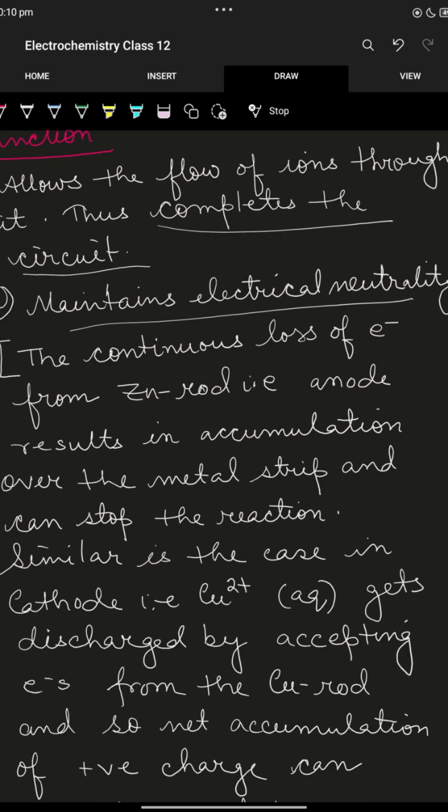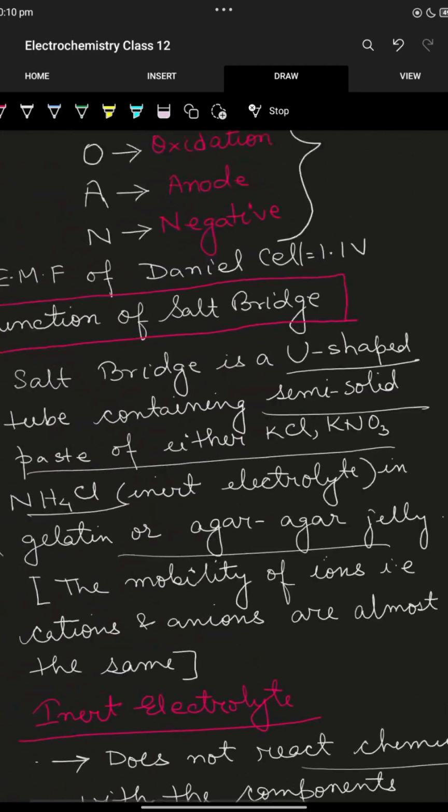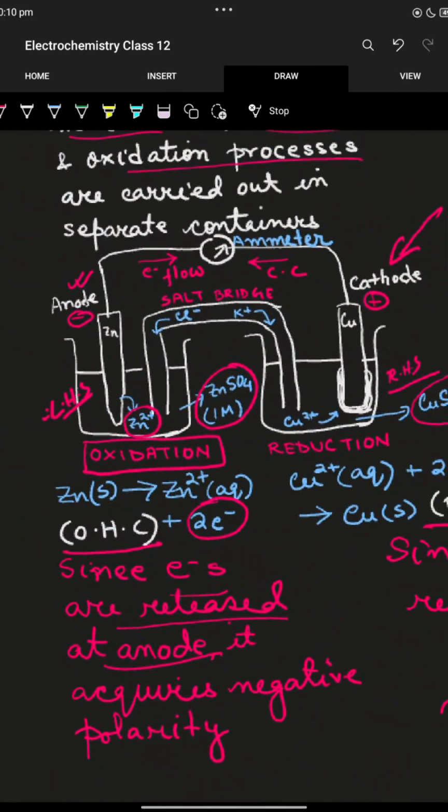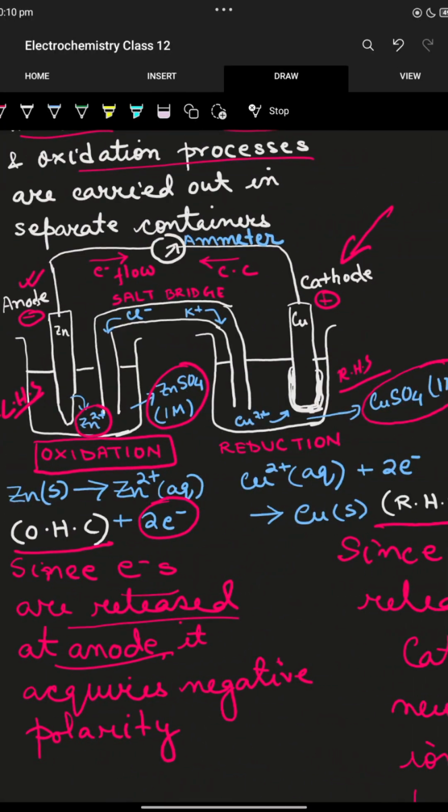The continuous loss of electrons from zinc results in the accumulation of the Zn2+ ion near the anode. See what is happening? I need to show you the diagram again for this. When you see the diagram, you can pause the video to write the notes, to see the diagram as well. Over here on the left-hand side you have zinc forming Zn2+.